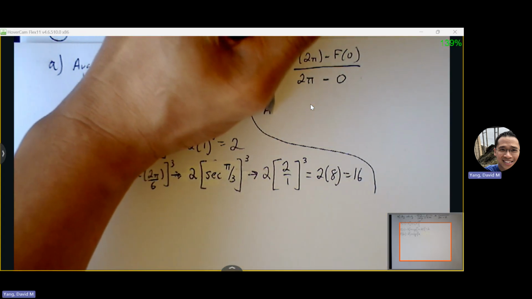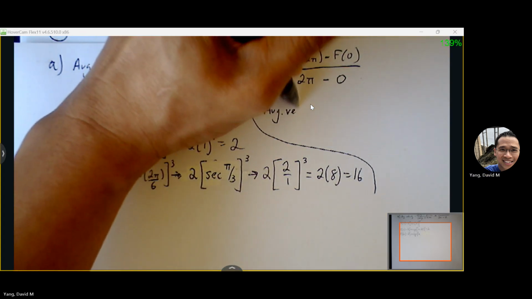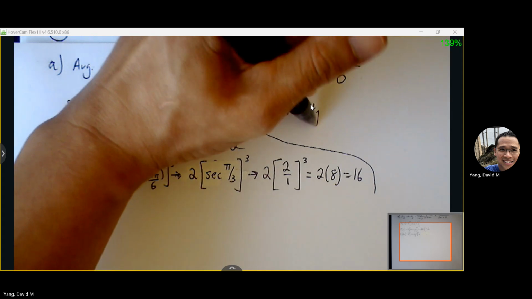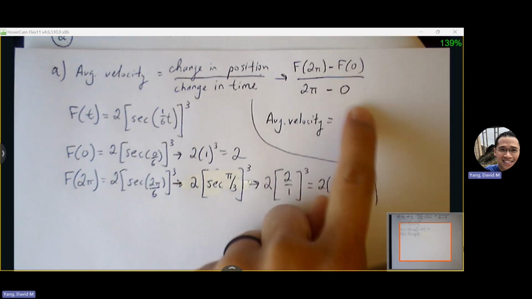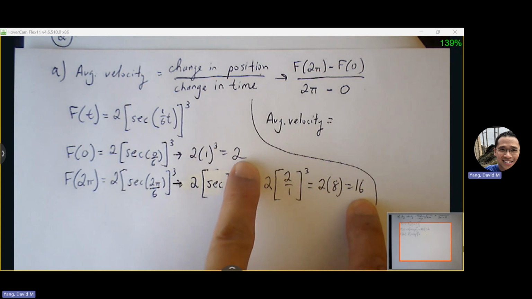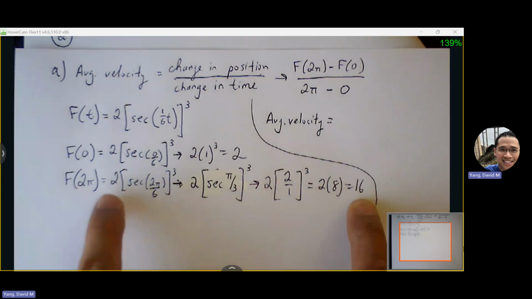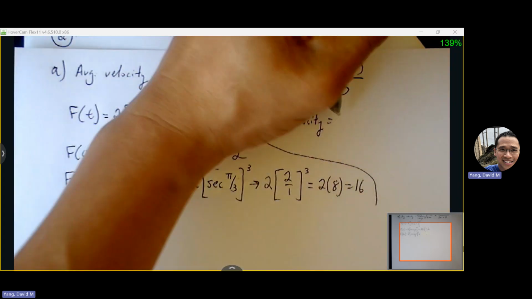Okay, so then my average velocity is just the change in position divided by the change in time. So 16 minus 2 divided by 2 pi minus 0.